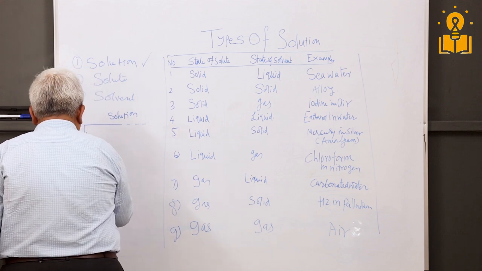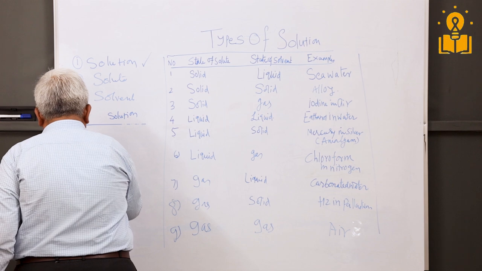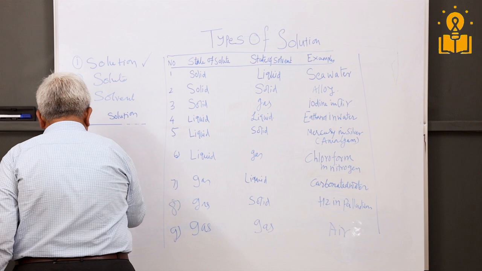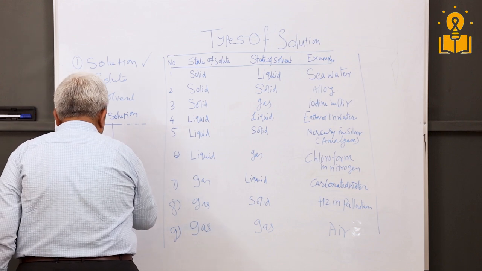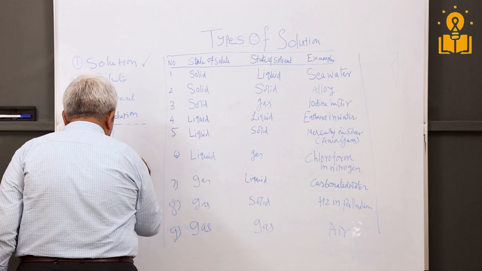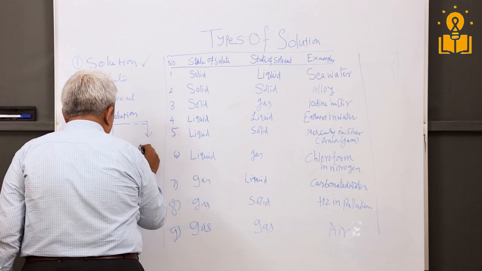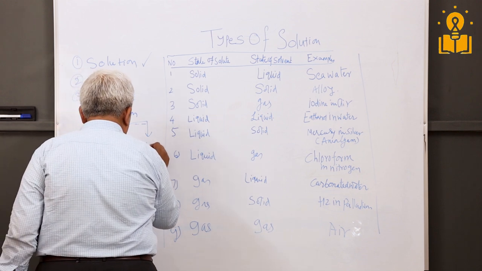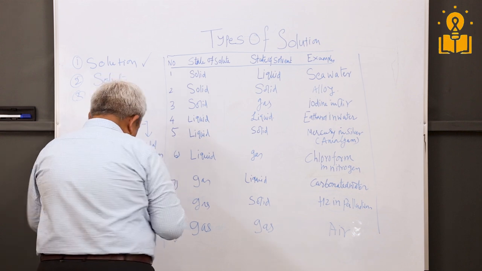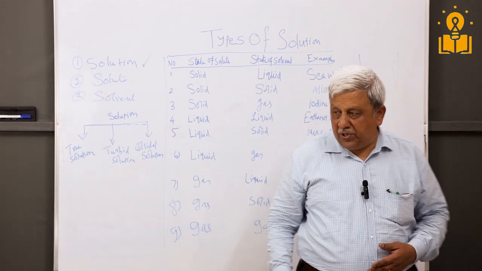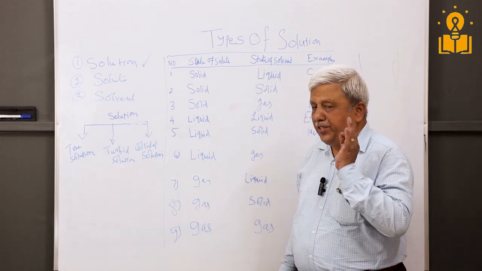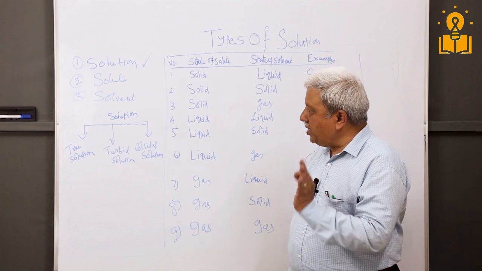First, the true solution, second, the turbid solution, and third, the colloidal solution. These three types, true, turbid and colloidal, are based on the particle size of the solute.